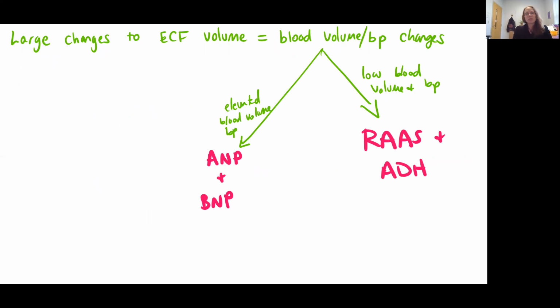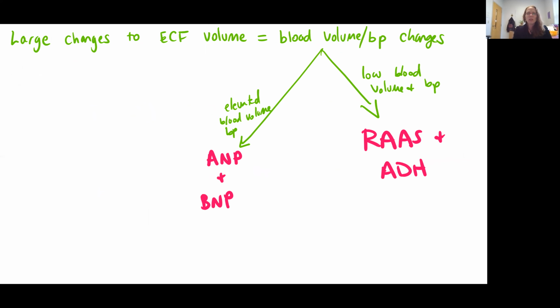Now, those little changes that we're talking about, that's just based on your diet, what food you've eaten and what you've drunk. Large changes that occur in the extracellular fluid can equal big changes in blood volume and blood pressure. And so then, of course, we need an even bigger response.